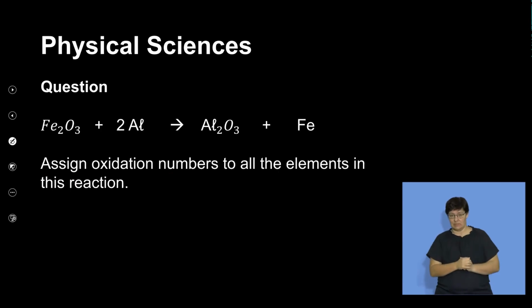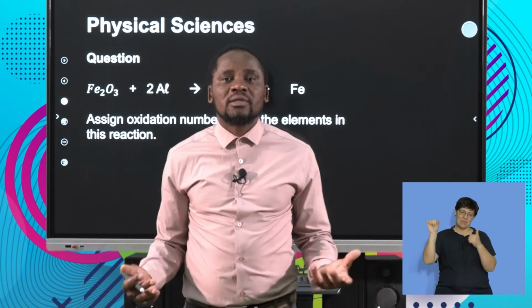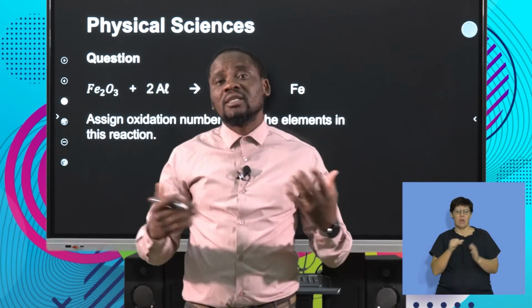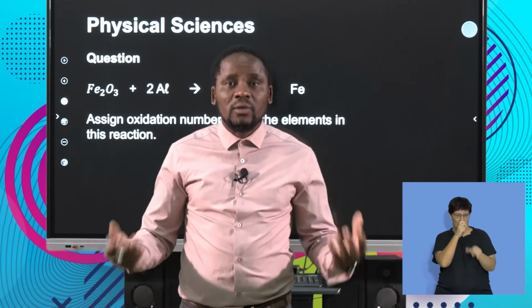Right, now the first question says, assign oxidation numbers to all the elements in this reaction. Now immediately we recognize that this question is about us going back and reminding ourselves of what is important in as far as the rules that we pay attention to when we assign oxidation numbers.